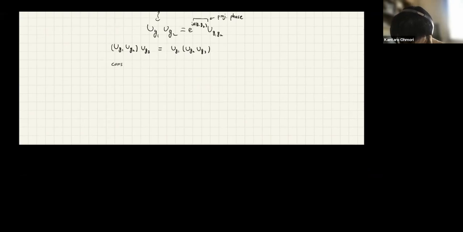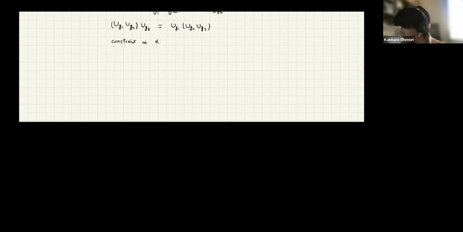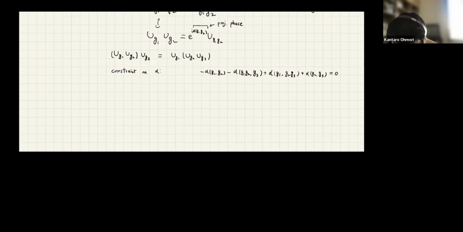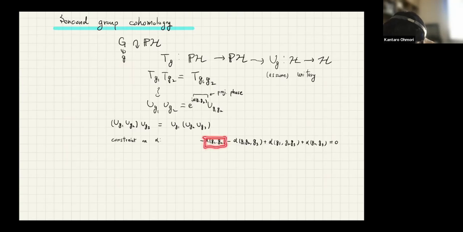on alpha, that is, let me write it this way: alpha(G1, G2) minus alpha(G1, G2 G3) plus alpha(G1 G2, G3) plus alpha(G2, G3) equals 0.